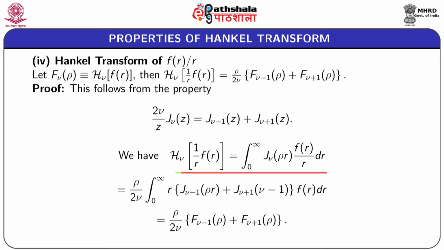Now, we have the Hankel transform of 1 by r f(r) equal to integral 0 to infinity J_nu(rho r) f(r) by r dr. Now, this J_nu(rho r), according to this formula, can be adjusted, that is, it is divided by rho r and multiplied by 2 nu, and some adjustment is made, so that we get rho by 2 nu integral from 0 to infinity r [J_nu minus 1 (rho r) plus J_nu plus 1 (rho r)] f(r) dr. And if we separate the integrals, we get rho by twice nu [F_nu minus 1 (rho) plus F_nu plus 1 (rho)].